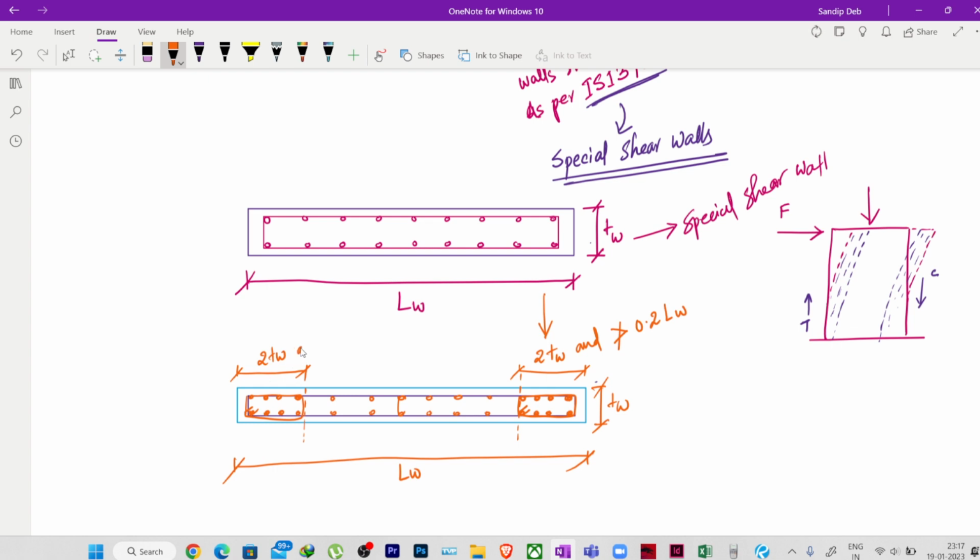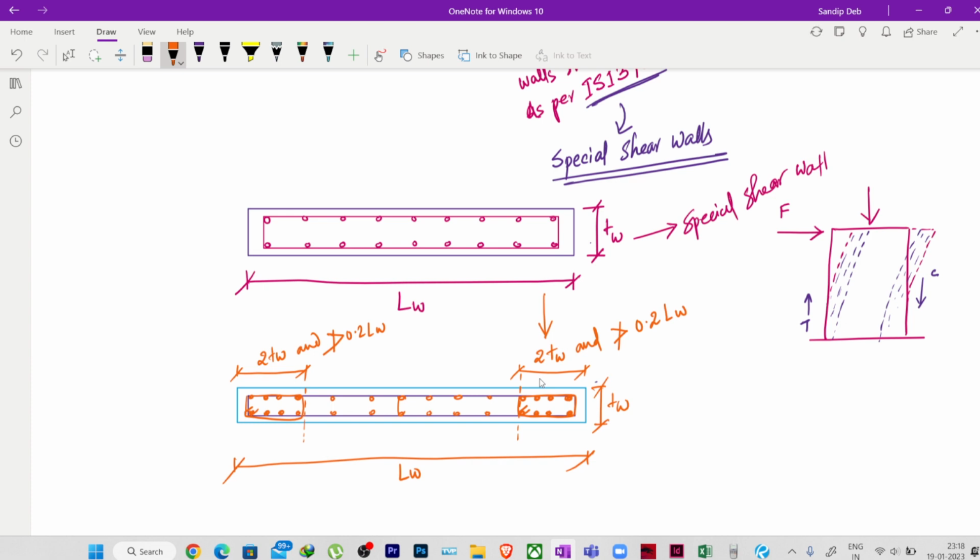Here also it should not be greater than 0.2 times LW. So we can provide a stiffer zone at the 2 ends, or you can say a column like reinforcement, to make the end fibers stiffer. You can begin with 2 times the thickness, but it should not be more than 0.2 times LW.